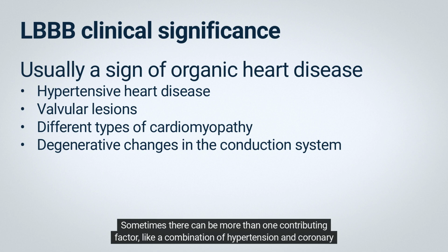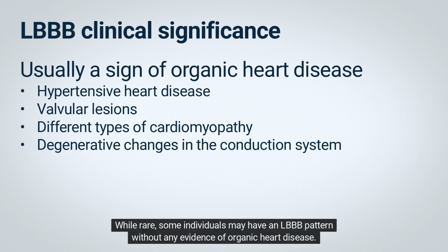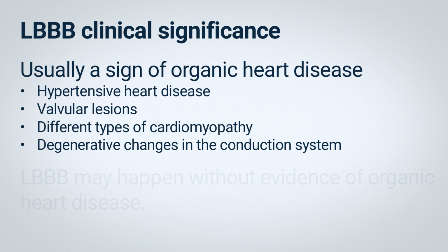Sometimes there can be more than one contributing factor, like a combination of hypertension and coronary artery disease. While rare, some individuals may have an LBBB pattern without any evidence of organic heart disease.